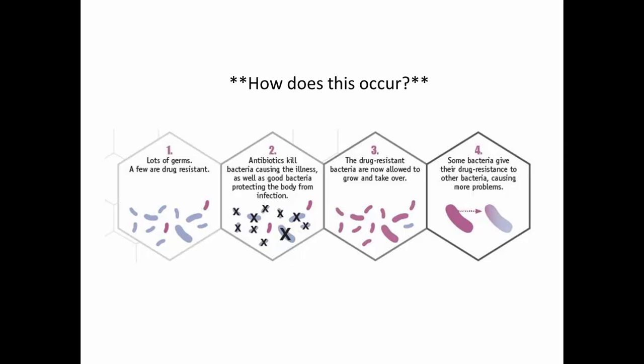In addition, some bacteria may actually pass on their drug resistance to other bacteria, making different strains now resistant to those particular drugs. This can happen especially if a person stops taking their antibiotics before they complete their full course of antibiotics.